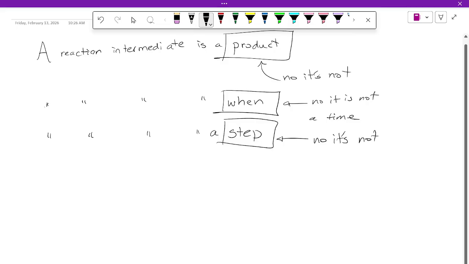So, folks, I want you to be careful with your language because a reaction intermediate is not a product. So if you have said a reaction intermediate is a product, that is incorrect. It is a substance. It is a chemical species.